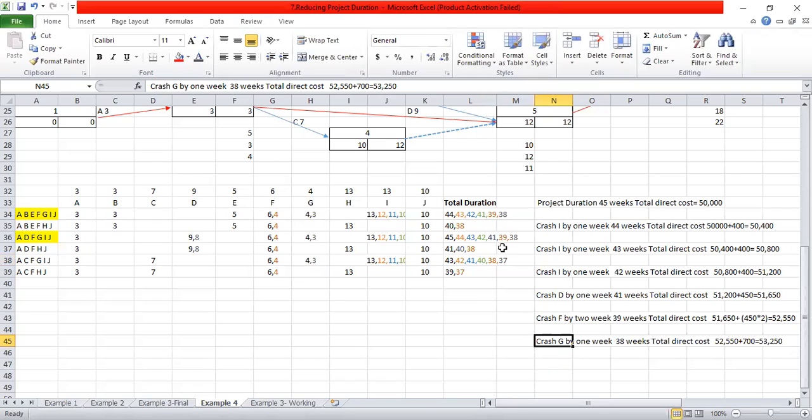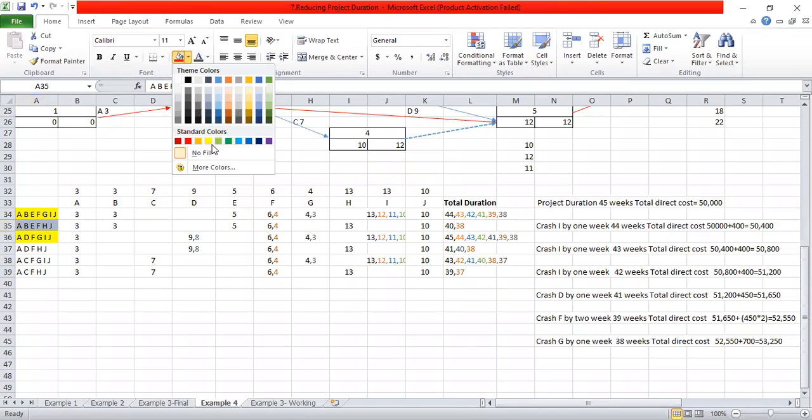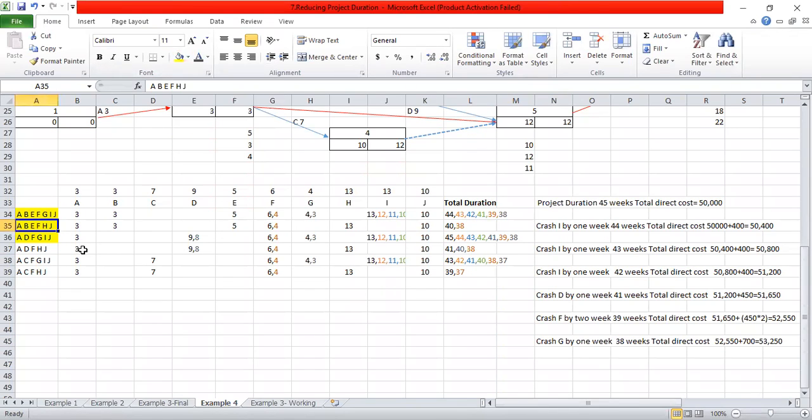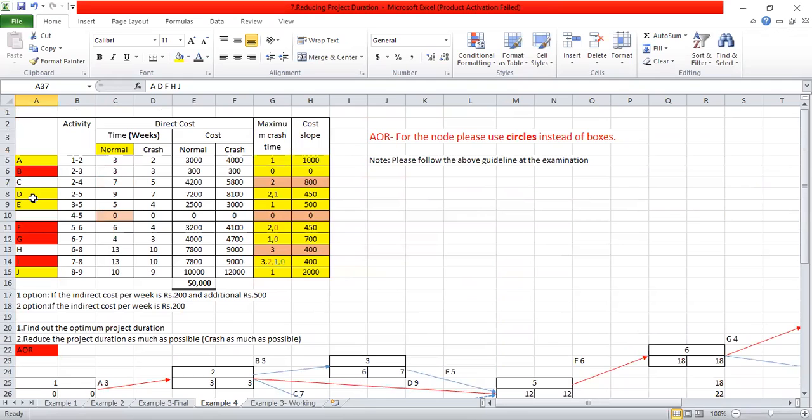Can you see there are 4 critical paths now. The first path, the second path, and the third path were already critical, and the fourth path has now also become critical, right? So we have to highlight the critical paths.